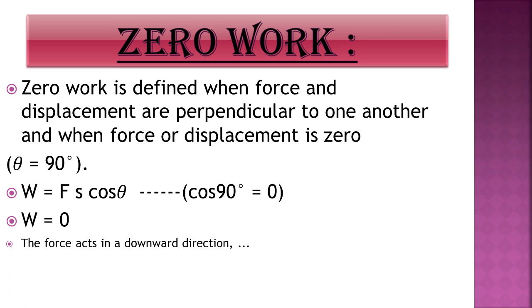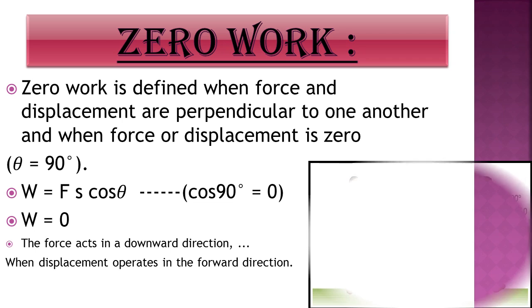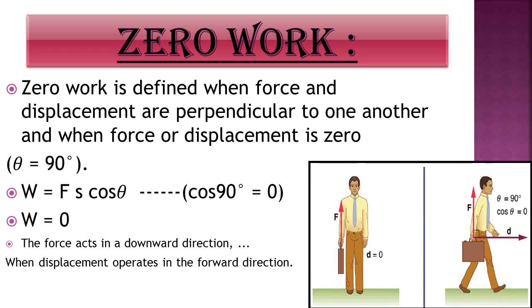The force acts in a downward direction when displacement operates in the forward direction. Here you can observe one picture in which, on the left hand side, a man is standing on the floor. That means this is a still position of the man. This is zero work done, because force is there but there is no displacement; displacement is zero.